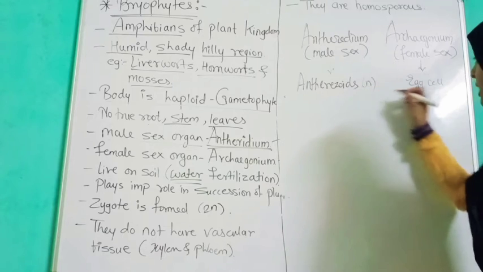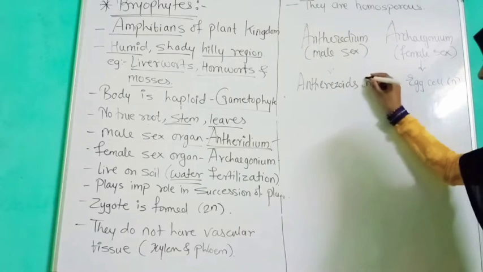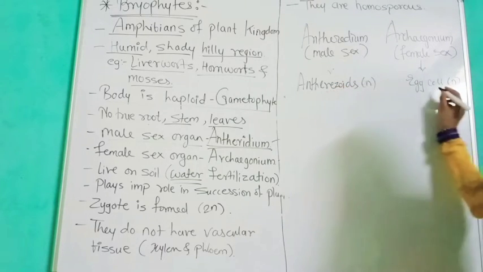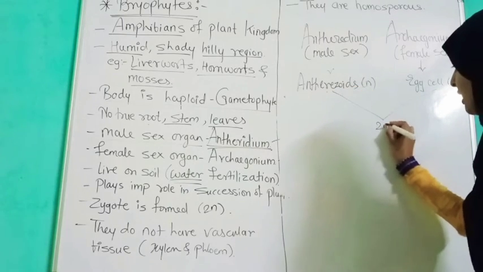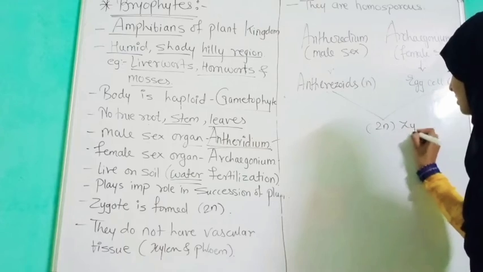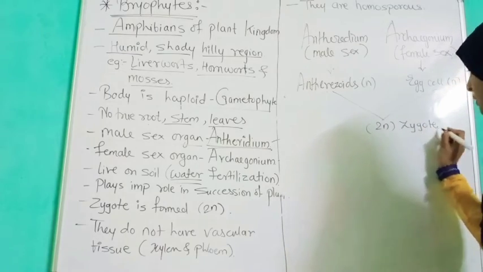Both are haploid in nature. When the male gamete and female gamete fuse, they form a diploid zygote.